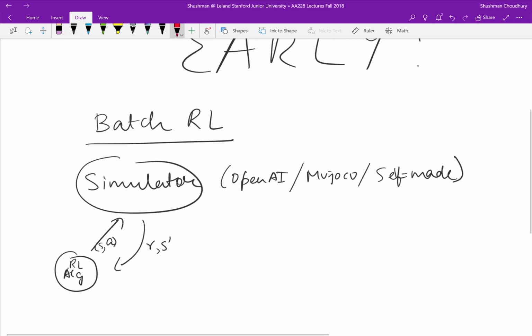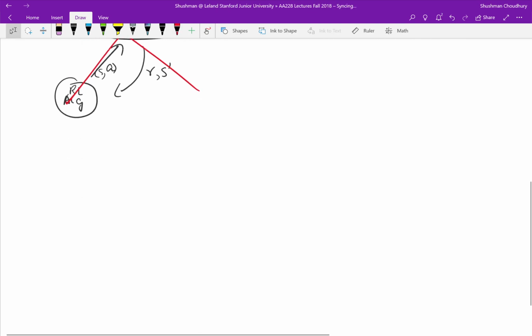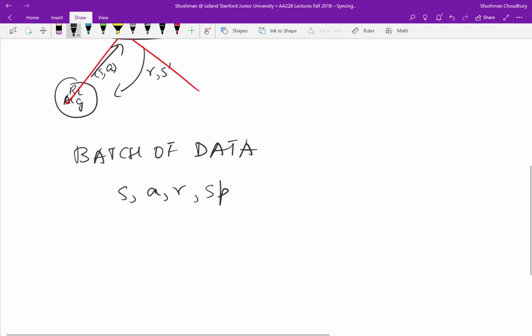However, in this homework, we don't have that setting. In this homework, what we have is a batch of data given to us already, given in the form S, A, R, S prime. And again, S, A, R, S prime.